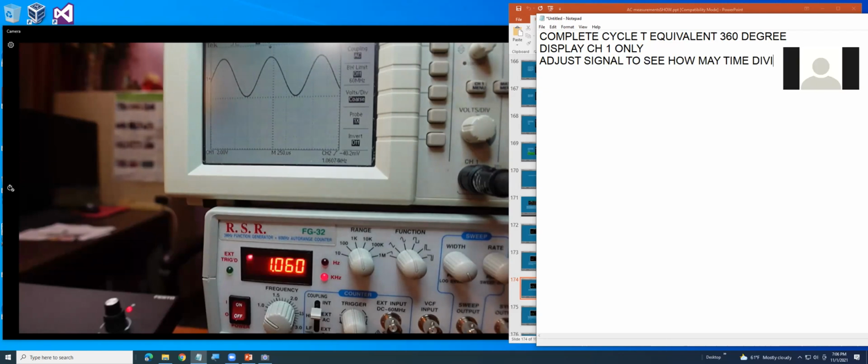How many time divisions for 360 degrees, right? For one complete cycle. Exactly. Complete cycle.